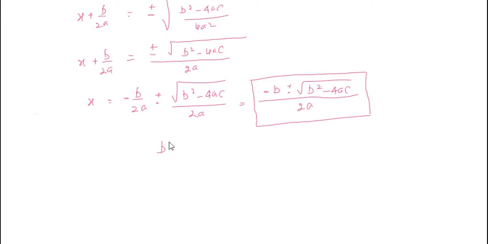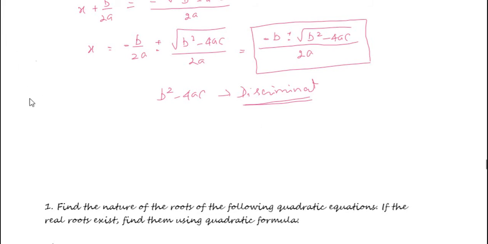Now b square minus 4ac is known as the discriminant. The value of the discriminant decides the nature of the roots of the quadratic equation. That is, if b square minus 4ac is greater than 0, then you have two real roots and the roots are distinct.